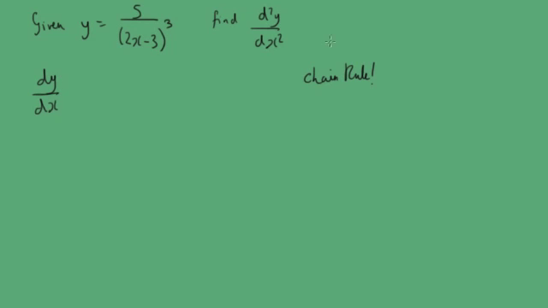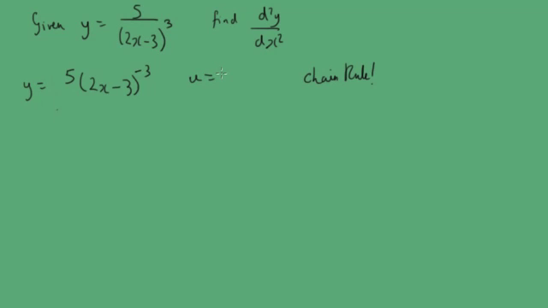So y equals 5 over (2x minus 3) to the minus 3.